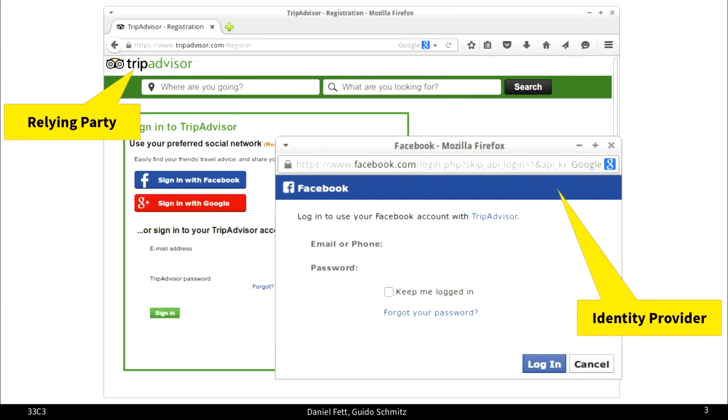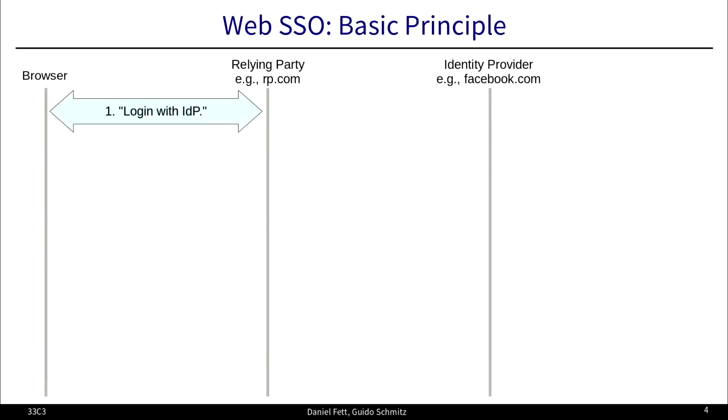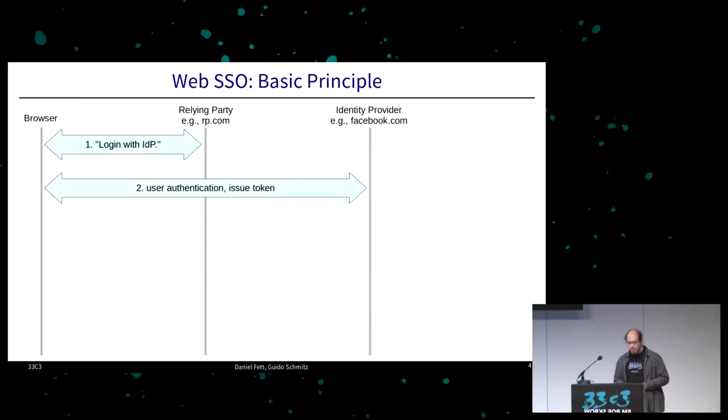And we have two parties here. We have TripAdvisor as the so-called relying party, and we have Facebook as the so-called identity provider. And the basic principle of how this works is the following. So first you go with your browser to the relying party. You say, I want to log in with that IDP.